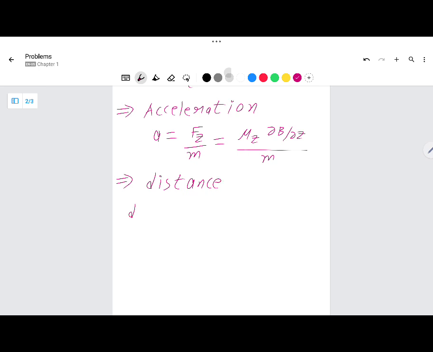Distance d is equal to, we know that, v0, the initial velocity, is 0, plus half a t squared. So this is the distance that will be traveled in the z direction. So we can just write this as delta z, which is 1 half a t squared.